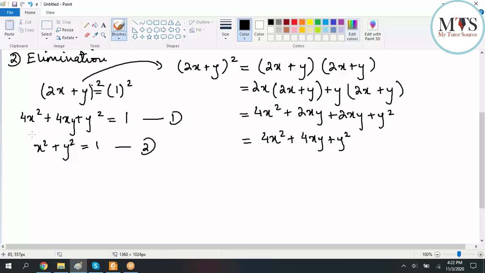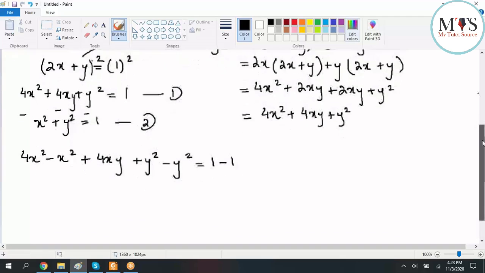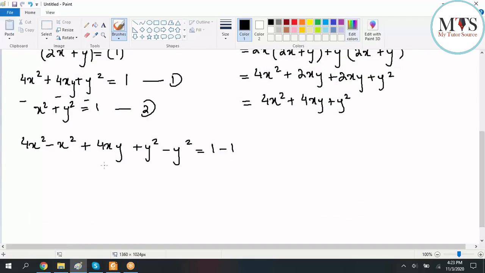So 4x squared minus x squared plus 4xy plus y squared minus y squared equals 1 minus 1. So this becomes 3x squared plus 4xy equals 0.